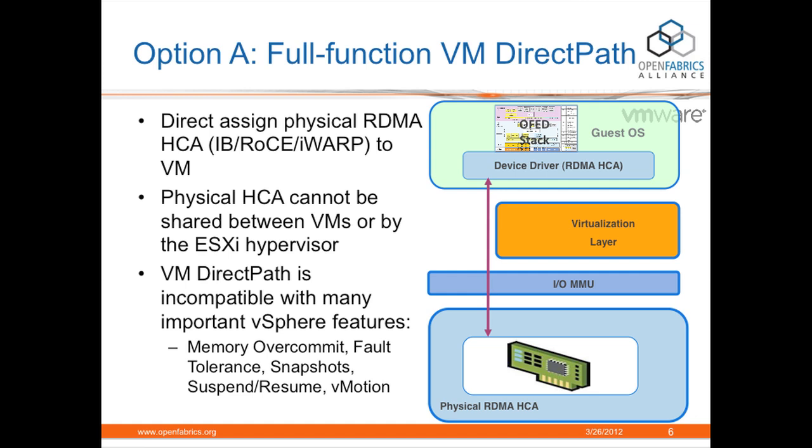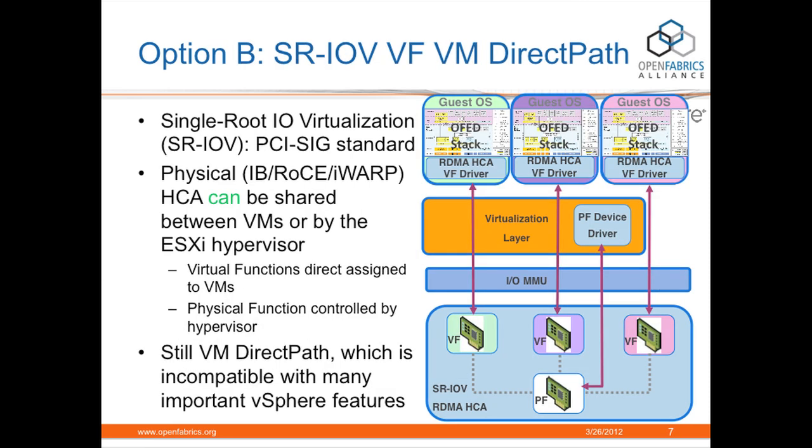Option B is an extension of option A, but in option A, you could not share. The HCA cannot be used by anybody but that virtual machine to which the HCA is exposed. Neither the hypervisor nor other virtual machines can use it. With SR-IOV, single root I/O virtualization, which is the PCI-SIG standard, you can now partition your physical HCA into virtual functions, and you still have the physical function, which is where all the control operations are done.